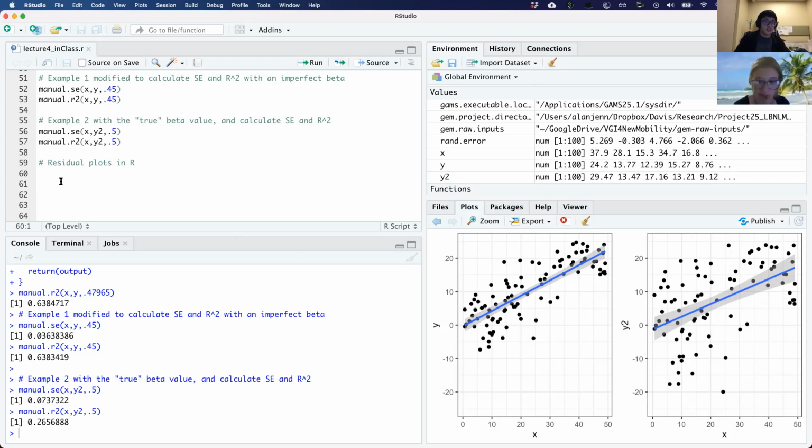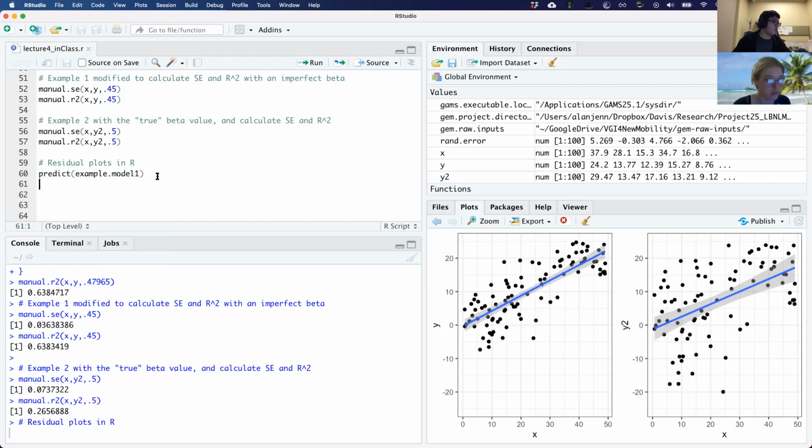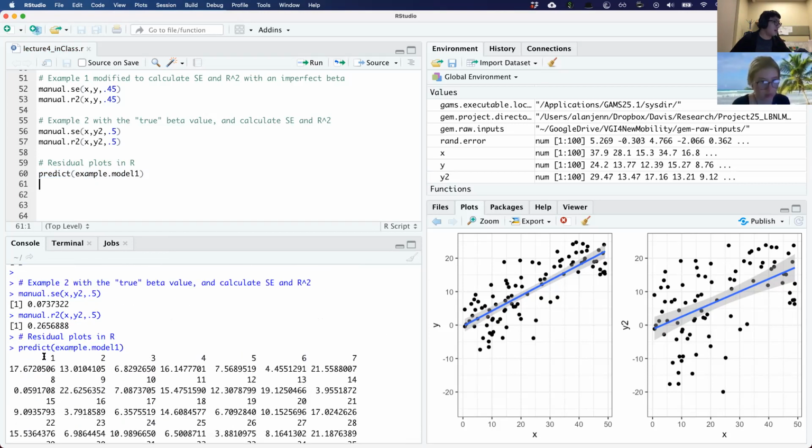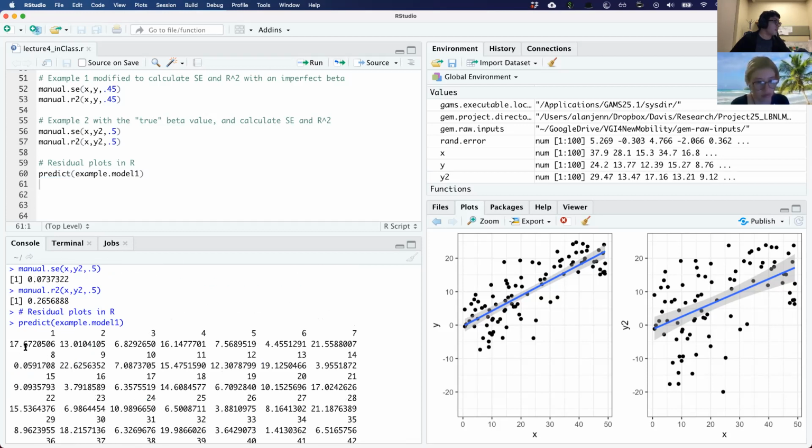And there's actually a pretty simple way of doing that. If I simply write predict, this is a function that takes in the model that we saved, so the example model 1, and this in itself will generate all of the points that correspond to each of the data points in our example.